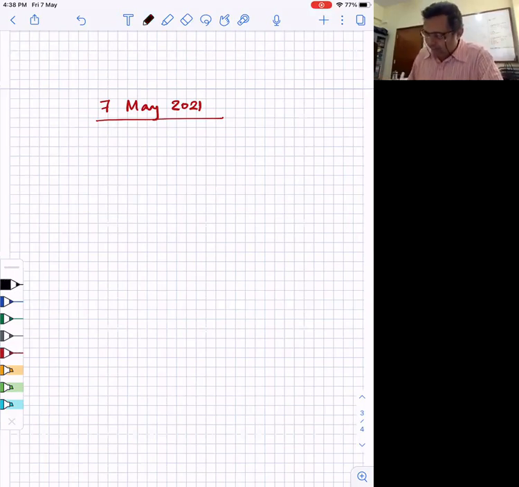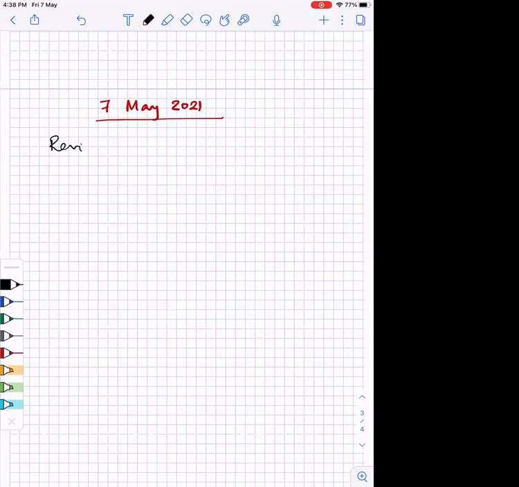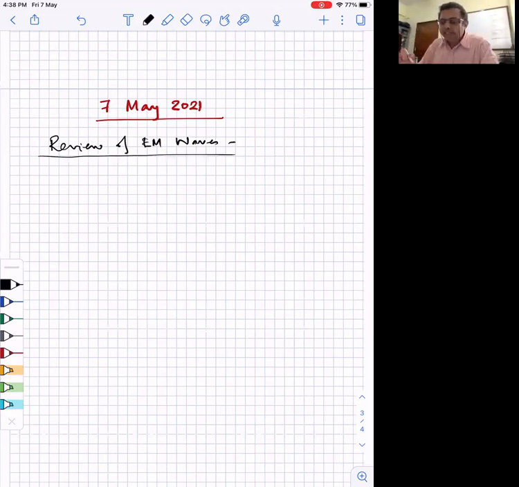So let us start with some review of EM waves. We'll start with the very simplest case of Maxwell's equations without any sources.